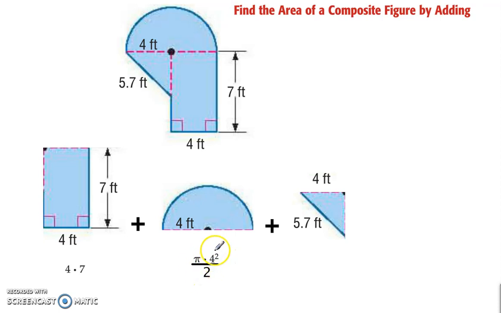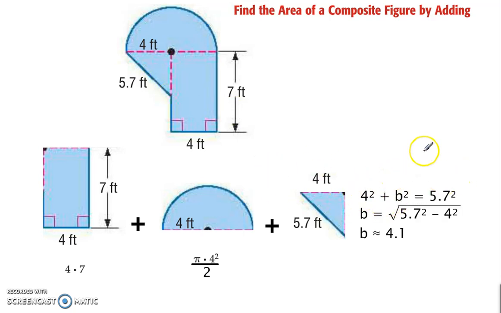So we do pi r squared divided by 2. And then for this triangle, we don't know the height. We know the base, 4, but we don't know the height, or the other way around. So if you know the lengths of a and c, subtract their squares and you'll get the square of b. And then square root it. There's nothing to it.